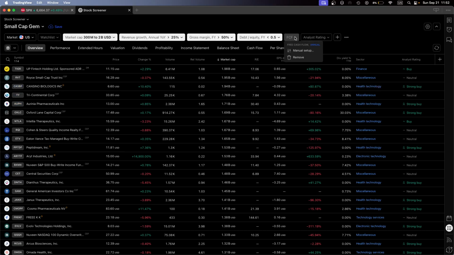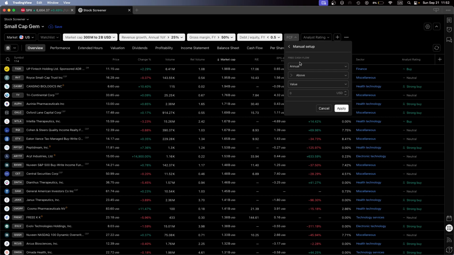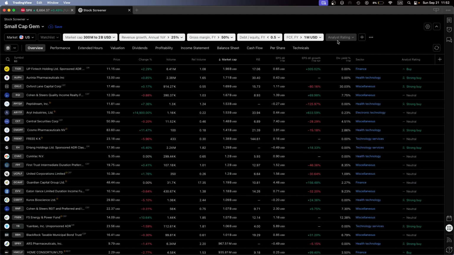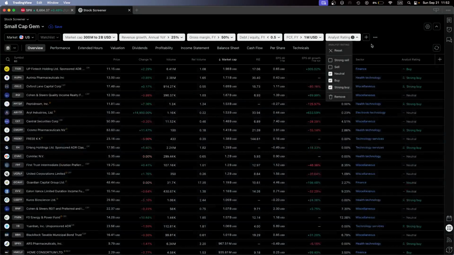And for free cash flow, something which is above 1 million. You know, they have a lot of cash basically. And analyst rating is something which is not equal to sell. So neutral, buy, and strong buy.